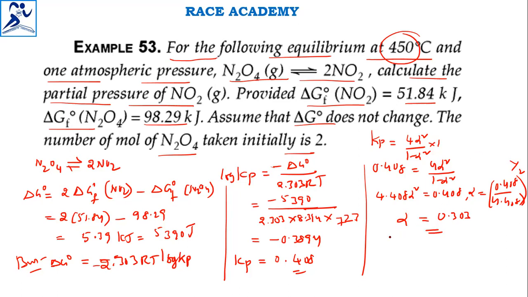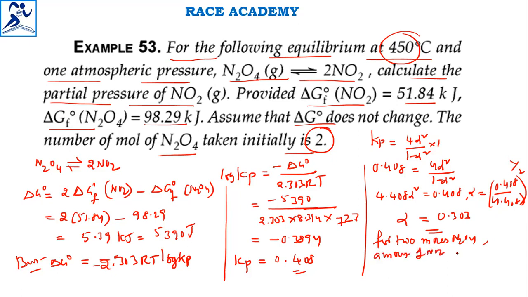This can be converted into the number of moles at equilibrium. If you take the number of moles initially, it will be 2 alpha, but initially 2 moles of N2O4 were taken. For 2 moles of N2O4, what is the amount of NO2?